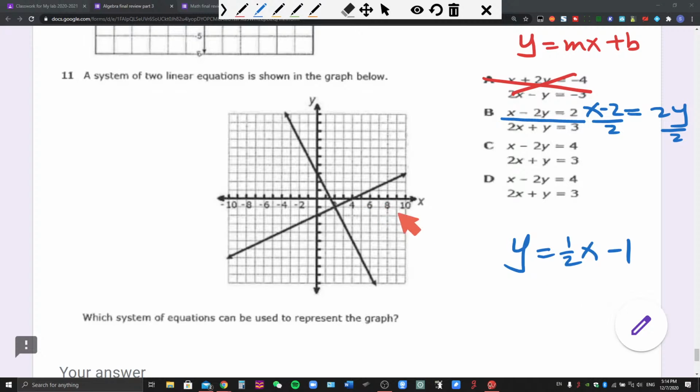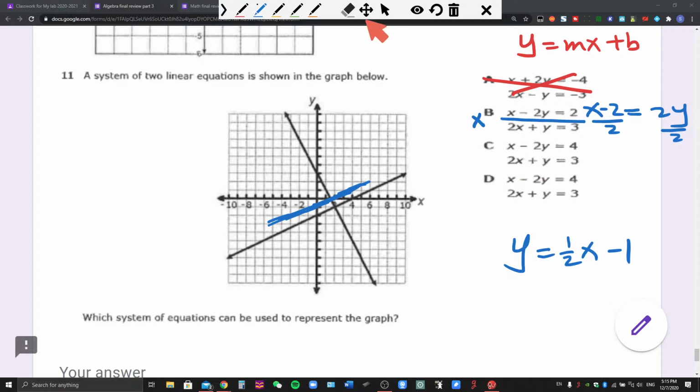That means you should have a line that crosses the y-axis at -1 and also goes up. But is this -1? I think -1 is up there. This is -1, right? So you should have a line like that, but we don't have a line there. So supposedly B is wrong.